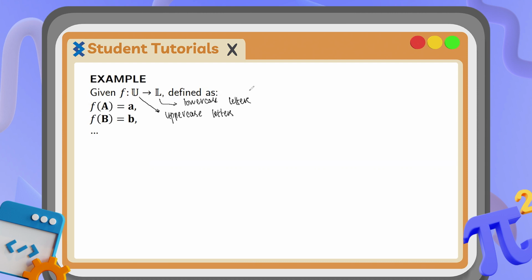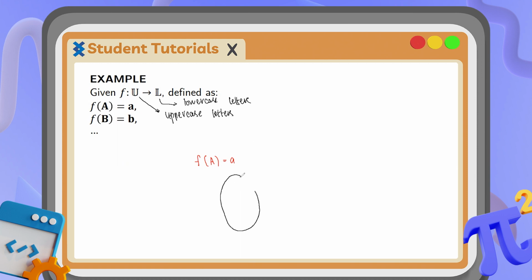So with this, we can actually illustrate the function originally. So if we have, say, f of A, it basically turns the uppercase letter into a lowercase letter. So over here, we have f of A equals a.